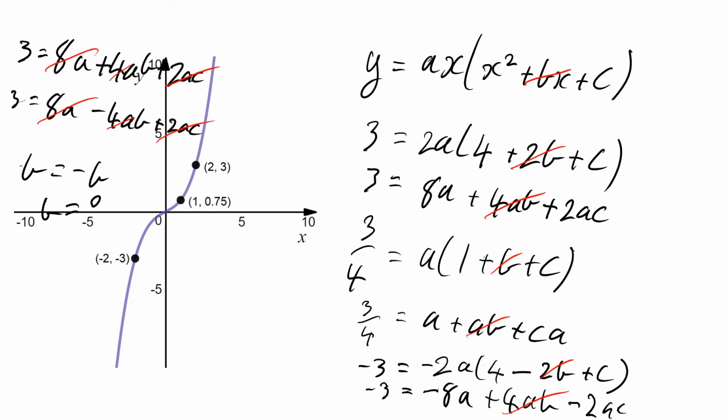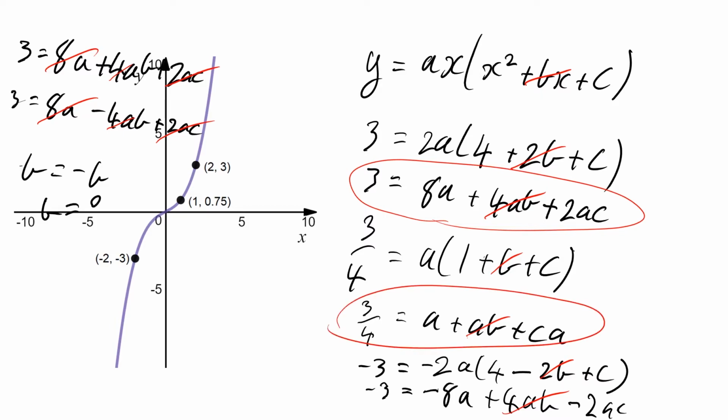Okay, I'm now going to use this equation with this equation. I'm going to times this equation by 4. 8a, 2ac, a, 4. We can divide by a on both sides, so let's divide by a.